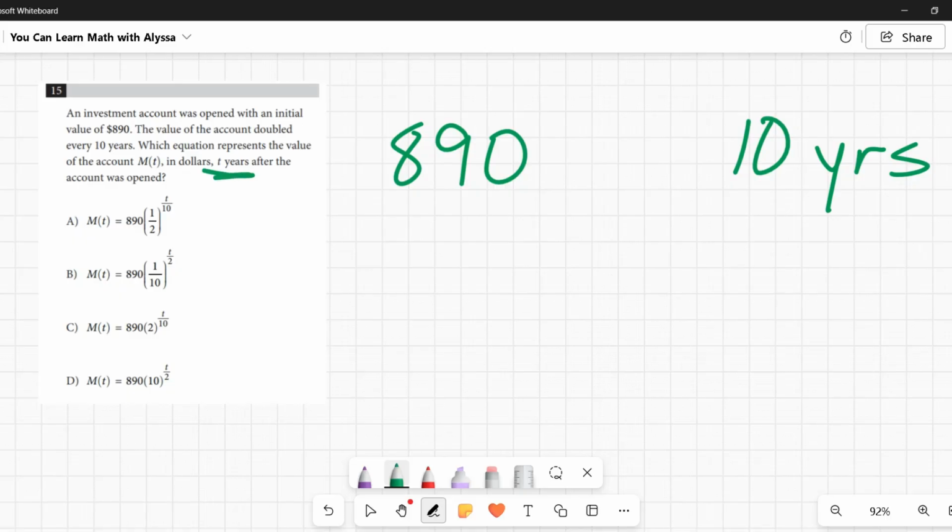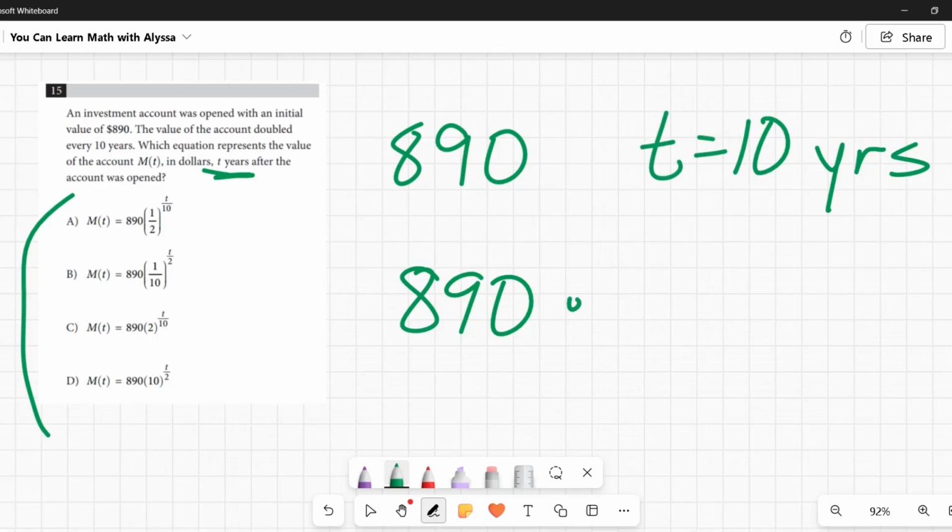Now, it's saying T is representing the number of years. So if it doubled, it means that whatever equation is correct, if I plug 10 in for T, I will get 890 times 2 because it doubled in 10 years.